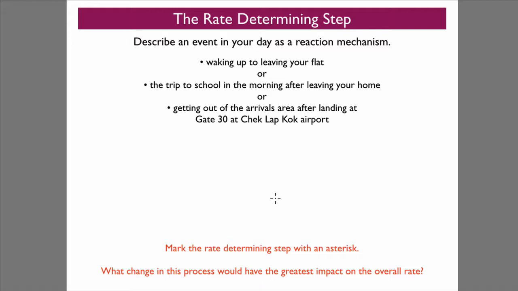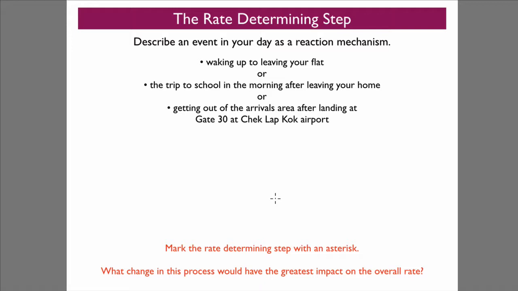Okay, the trip to school in the morning after leaving your house. I can do this one. After I've woken up and I've crushed my 1,000 push-ups and 1,000 sit-ups and 1,000 squats, I jog downstairs, run to the ferry, get on the ferry, start reading some chemistry manuals, jump off the ferry and then sprint to work.